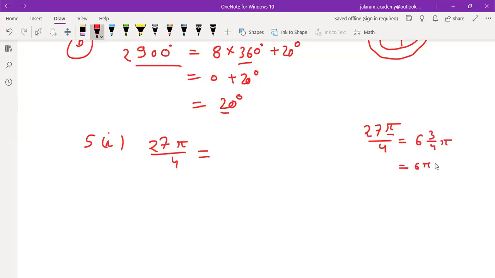So we can write 6 pi plus 3 pi by 4. Now this 6 pi is a multiple of 2 pi, and the remainder is 3 pi by 4 only. 6 pi is equivalent to 0, as if we round it once it is 2 pi.